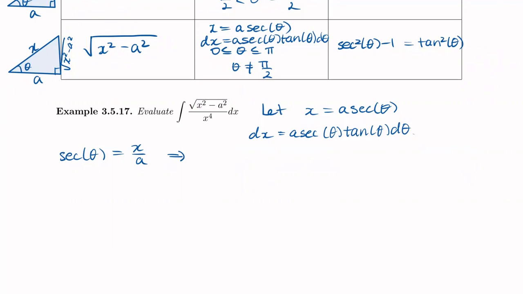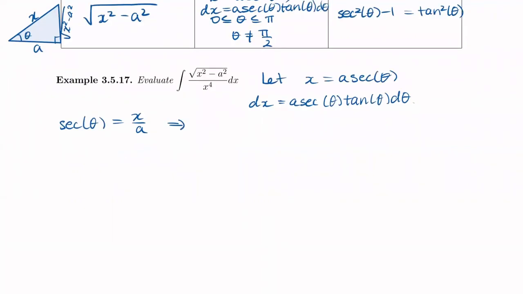Let's use the tan ratio. So tan theta is just going to be the square root of x squared minus a squared divided by a.